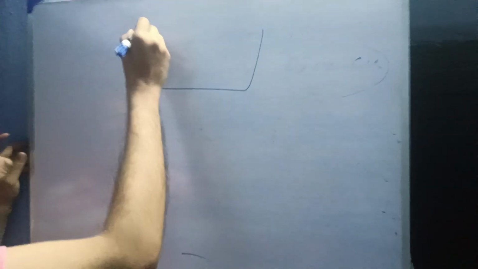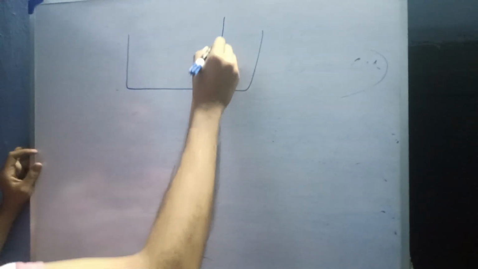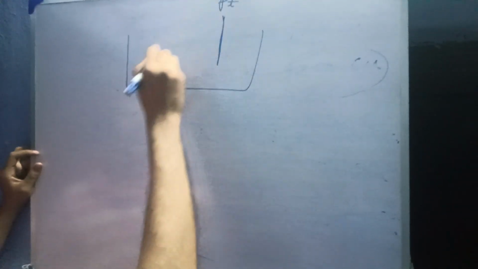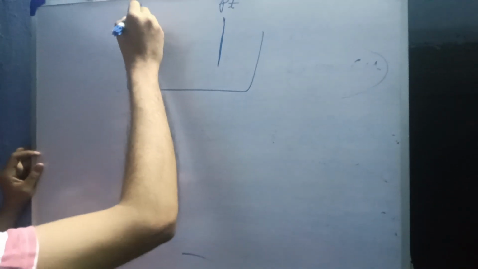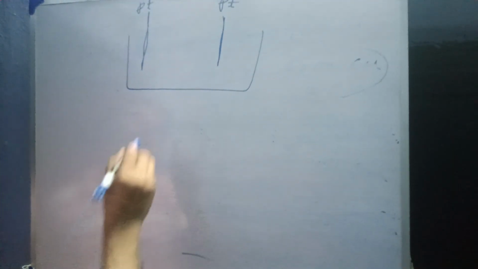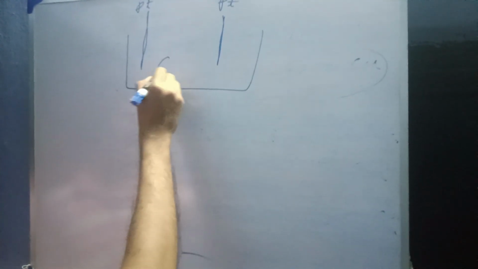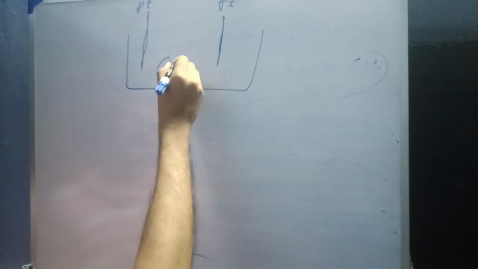Okay, so if we take an example, let there be a container with a platinum electrode here, and in this part also a platinum electrode. Now the electrolyte is copper sulfate, that is Cu2 plus.